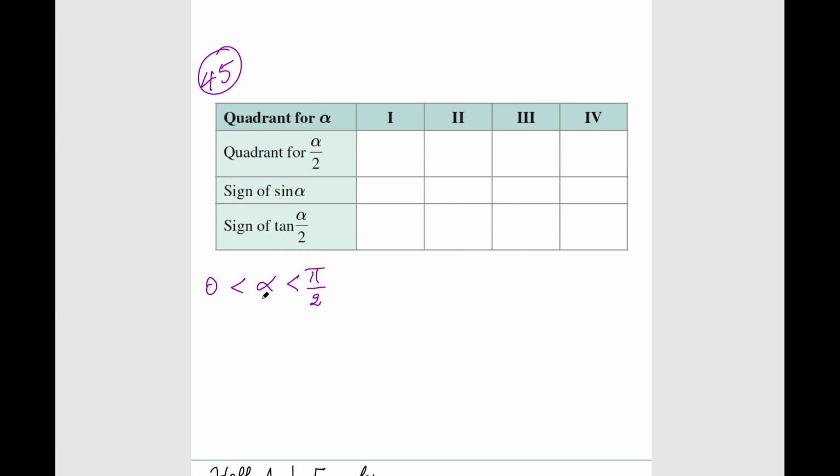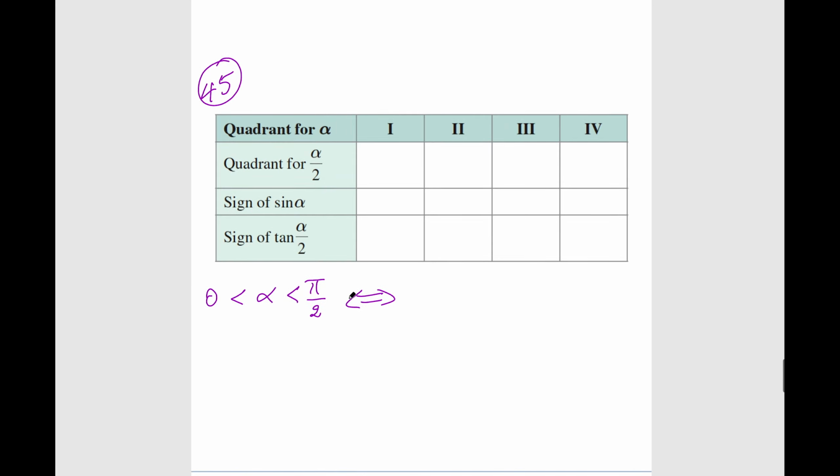Okay. And if alpha is between 0 and pi over 2, what can be said about alpha over 2? Well, divide through by 2. 2 is a positive entity, and if you divide by a positive entity, you do not have to flip the inequality signs, right?